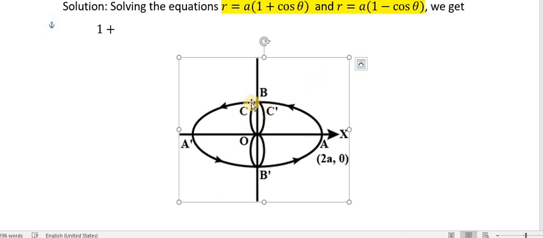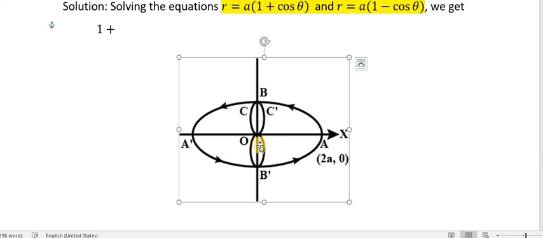Now, see, these two are the cardioids. r is equal to a into 1 plus cos θ, and this is the cardioid, and the second cardioid is r is equal to a into 1 minus cos θ. Now the area which is common for both is this area. See, this is the area. Now observe this area.